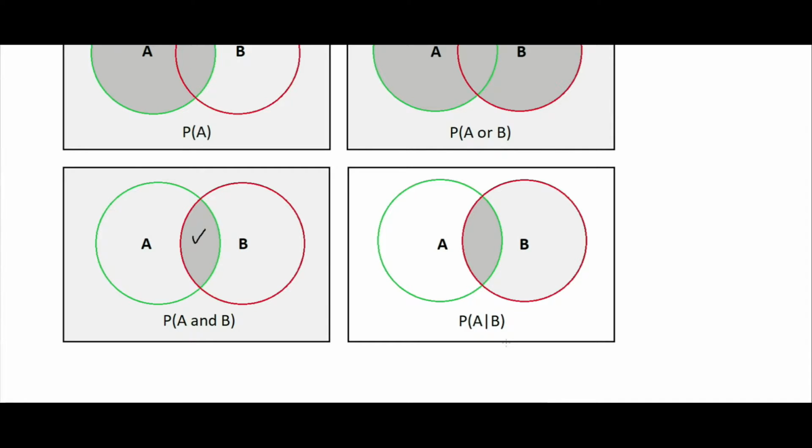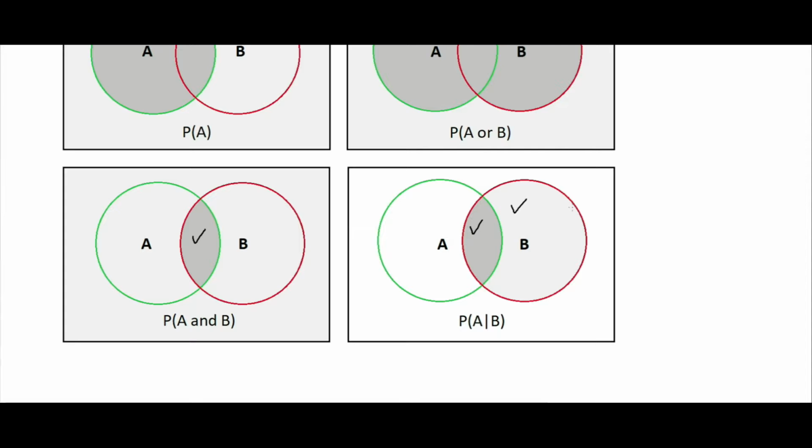And so when we say given B, we're saying that everything in the red circle, so something in the red circle has definitely occurred. And so we rule out everything outside of the red circle. And then we say, what is the proportion of A in B here? So the proportion of this dark gray wedge to the entirety of B here.